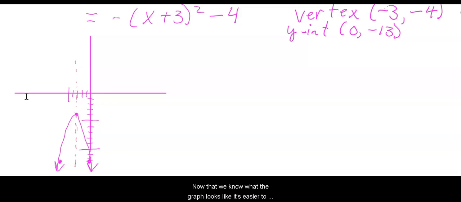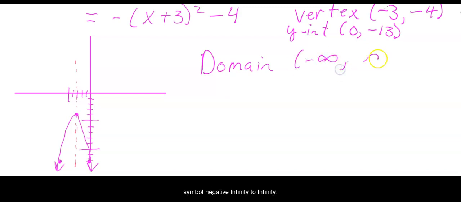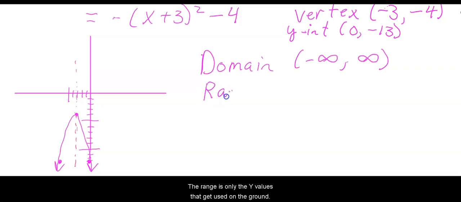Now that we know what the graph looks like, it's easier to find the domain. Our default domain for all polynomial functions is all reals. We can either write it out in words or we can use the symbol -infinity to infinity. The range is only the y values that get used on the graph.